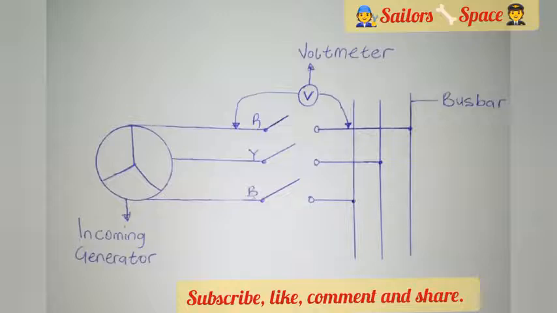Even though this method is not outrightly very safe and is not encouraged, it is only carried out when every other means of synchronizing your generator is not working and you need to bring up your incoming generator to share your load.